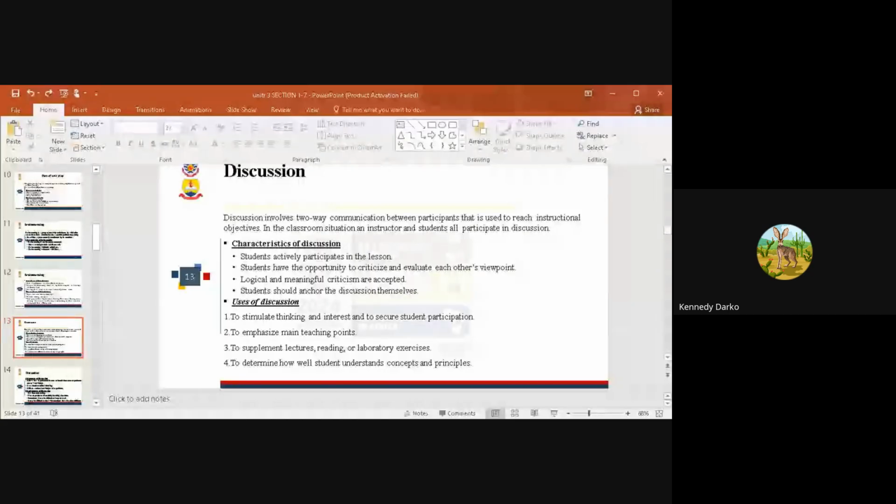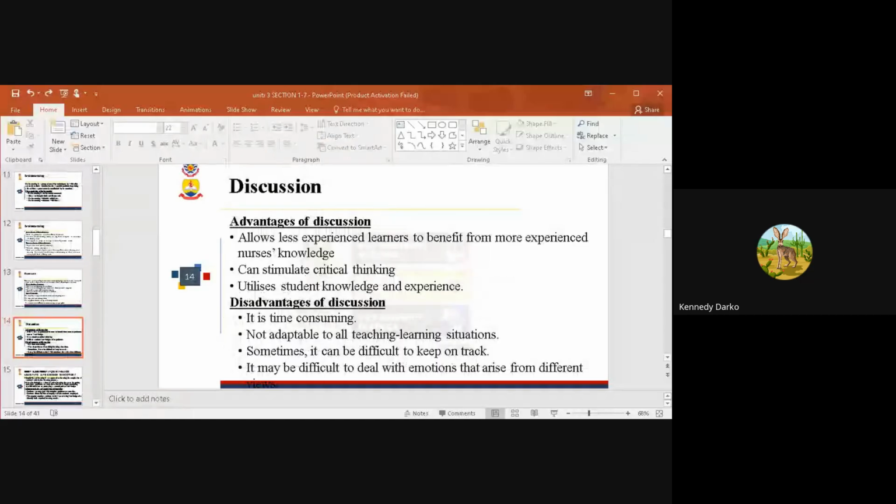Then the fourth point is to determine how well students understand concept and principle. So as you are going through, how well are the students getting the principle and the concept that you are giving to them? Advantages of discussion: it allows less experienced learners to benefit from more experienced nurses' knowledge.